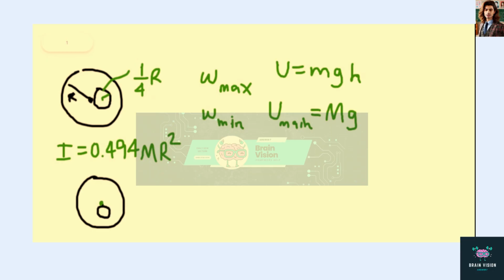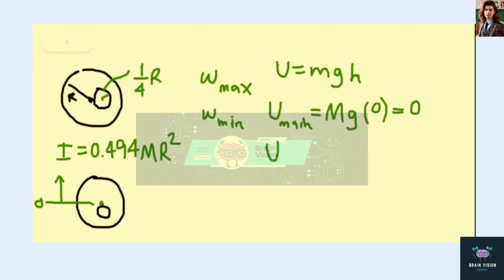So h is going to be 0 in this case. If I set this to be 0, then the main disk has nothing.